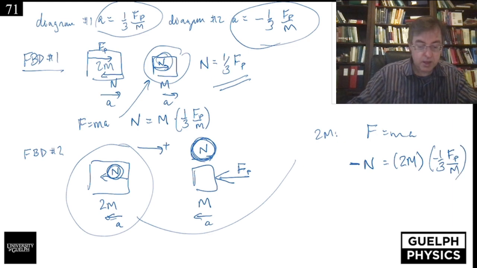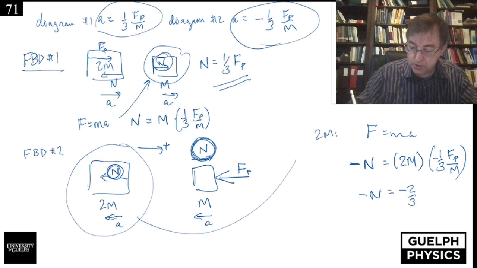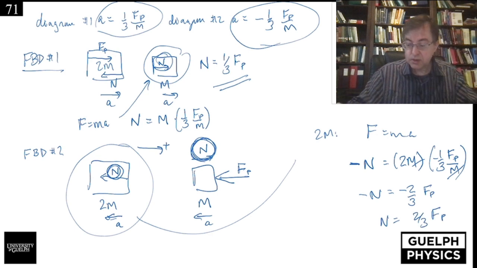So I get that negative N is equal to negative 2/3 Fp over m times m, and canceling the m's, N is equal to 2/3 Fp.